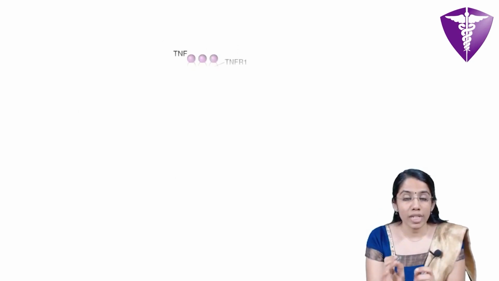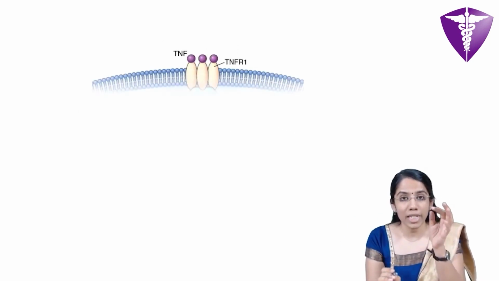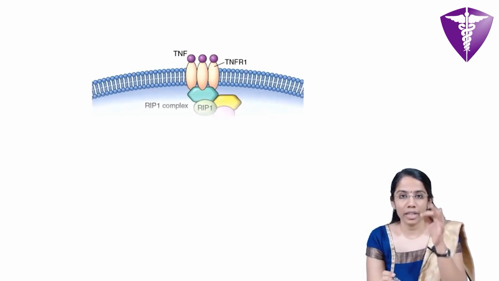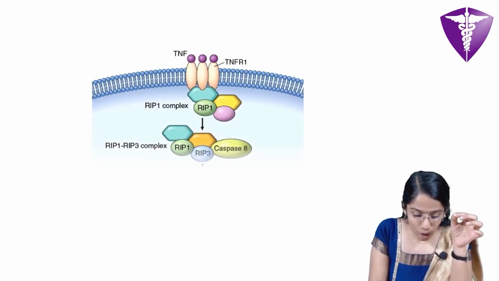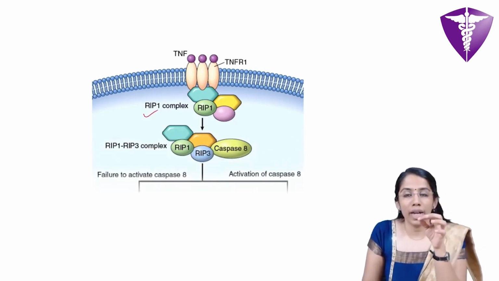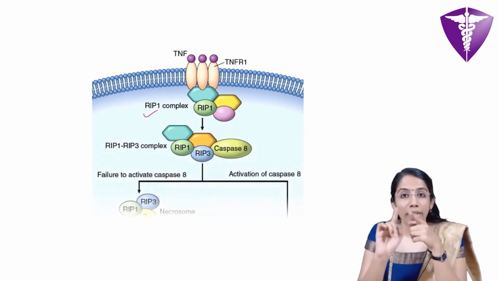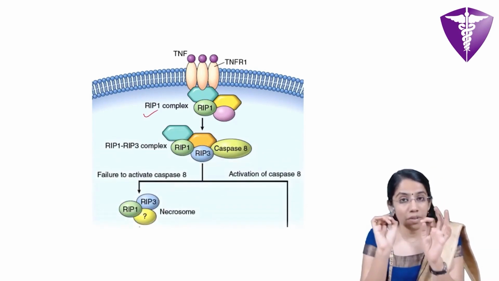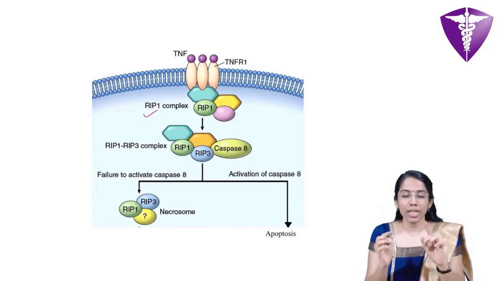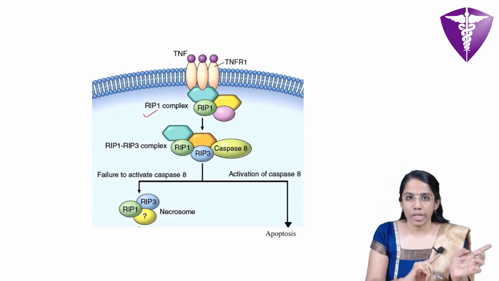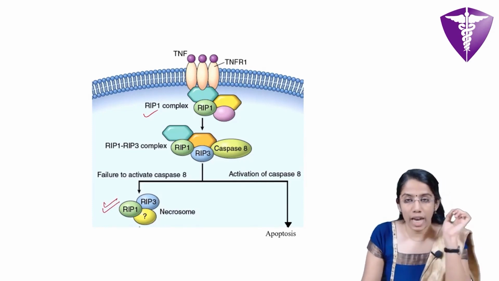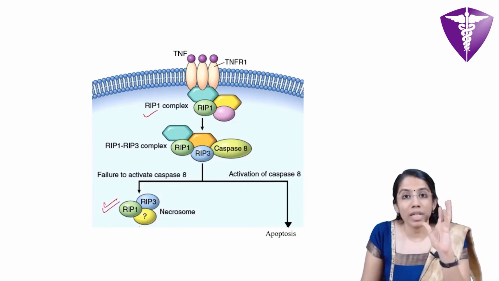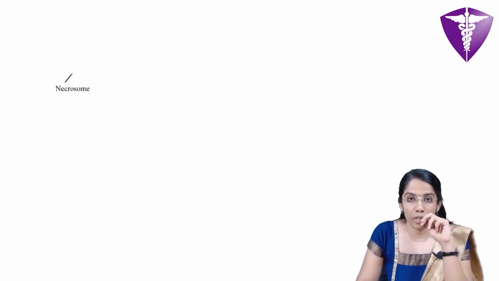So necroptosis, the mechanism, it begins just like apoptosis. Death receptors are involved and it forms an RIP1 complex with RIP1 and RIP3. So at this stage, if activation of caspase 8 occurs, then it leads to apoptosis. But in case there is failure to activate caspase 8, then there occurs necrosome formation.